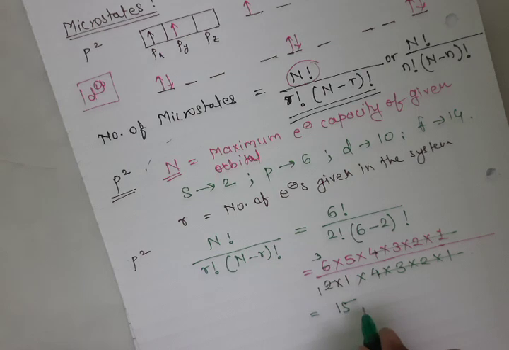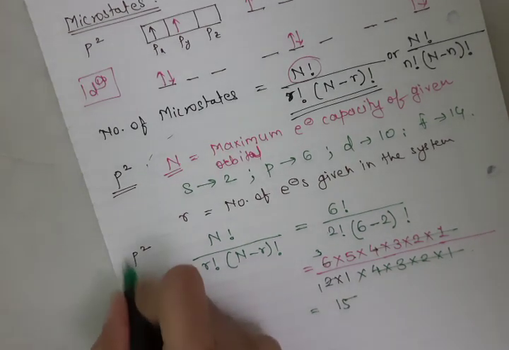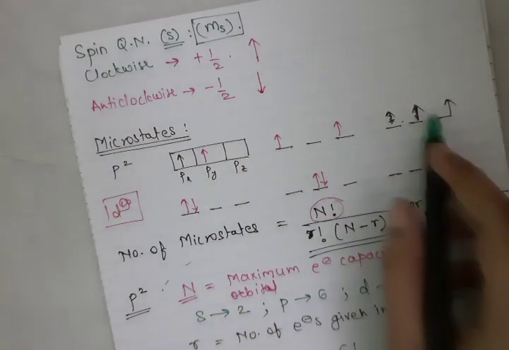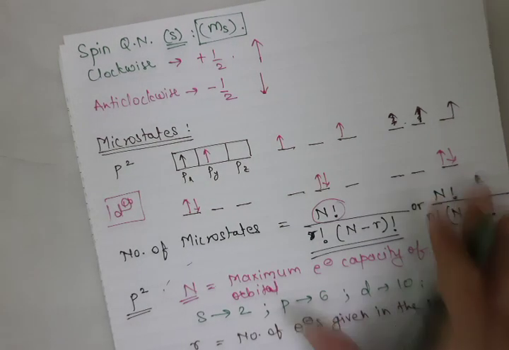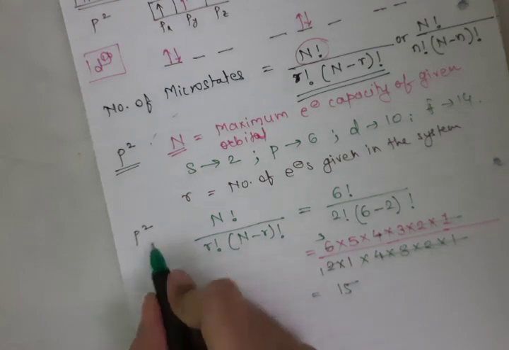There are 15 possible arrangements for this p2 electronic configuration. In the p orbital, we can arrange 2 electrons in 15 different ways. Here I have written only 6 ways, but there are total 15 ways by which we can arrange the 2 electrons in the p orbital.